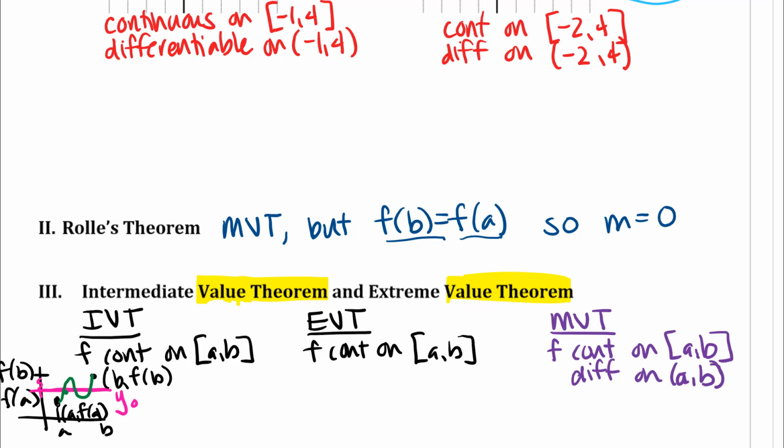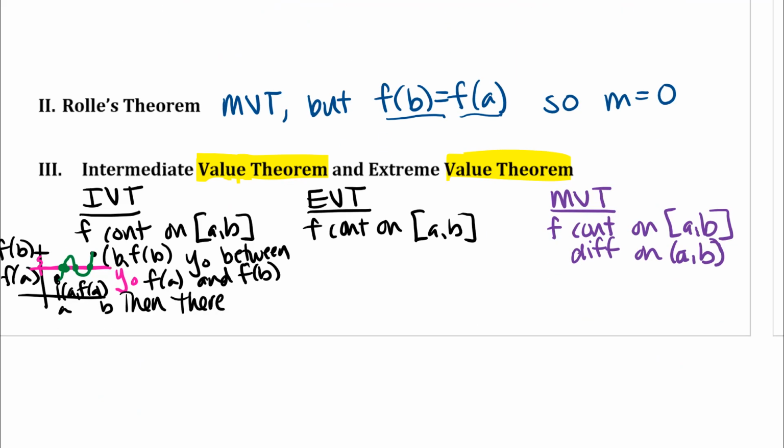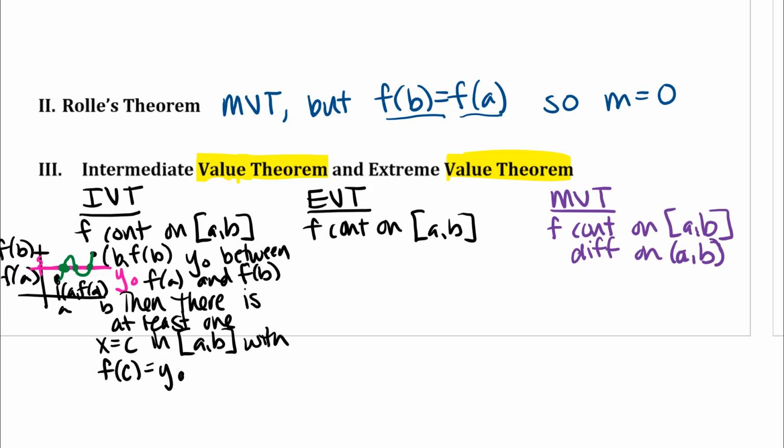Right, so in this picture I drew, there are actually 3 of them where that function has to cross that y value. So I'm going to write that down in symbol notation. So this is really just about the function having to cross through any y value.